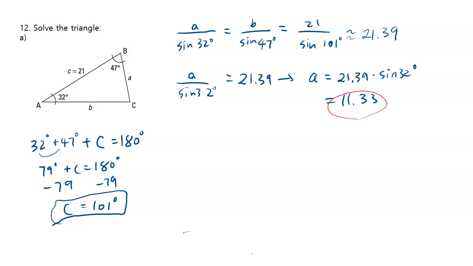Okay, now we just have to figure out what b is. b over sine 47 degrees is equal to 21.39. Multiply and you get b equals 21.39 times sine 47 degrees.